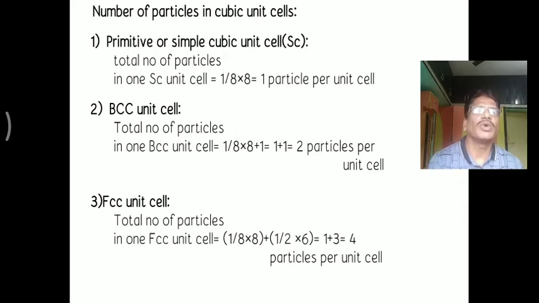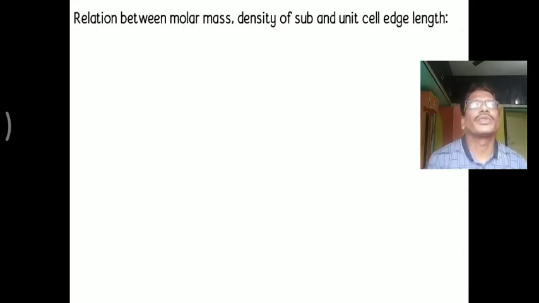This is the most important figure for the calculation, because in this chapter we have some numericals, and for those numericals these particle counts are important. Then we have to study the relation between molar mass, density of the substance, and unit cell edge length.